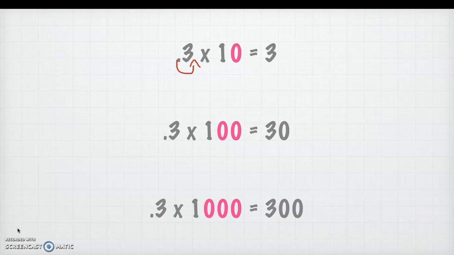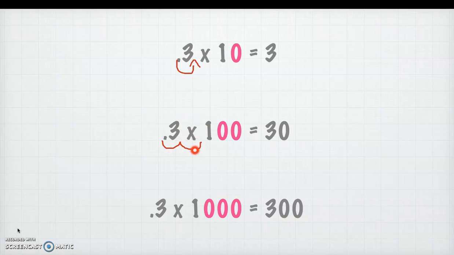But let's multiply 0.3 times 100. 100 has 2 zeros. So what I'm going to do is move my decimal point 2 times to the right. So start with my decimal point, and I move 1 and 2. As you can see, I do have an empty space right here.